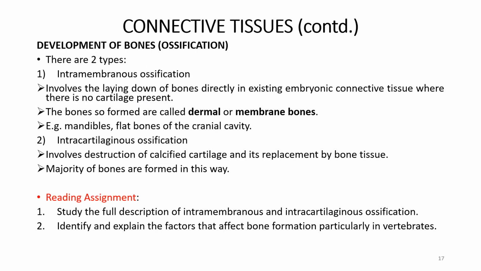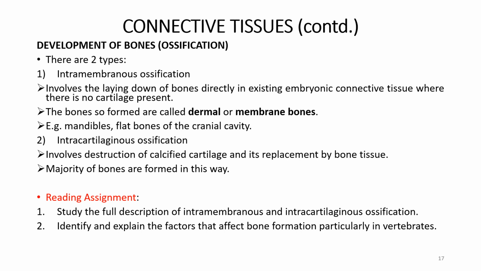I continue. Development of bones. There are two ways through which bones can be formed. We have one, intramembranous ossification. Here, the bones are laid down directly in existing embryonic connective tissue where there has been no cartilage before.